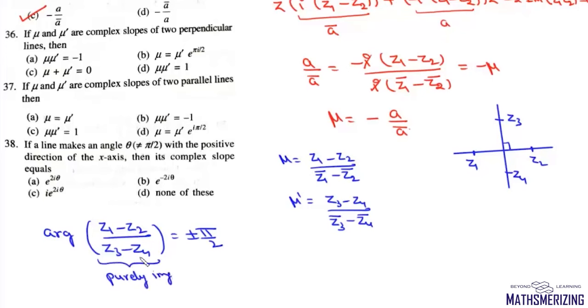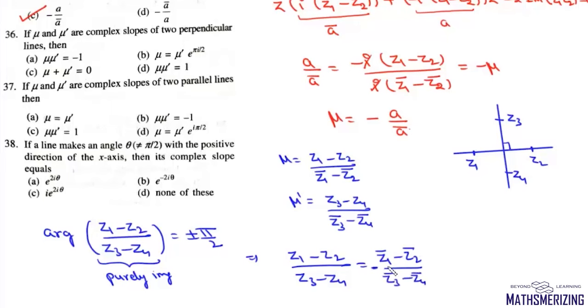And if the complex number is purely imaginary, then Z equals minus Z bar. So from here we can write Z1 minus Z2 upon Z3 minus Z4 will be Z1 bar minus Z2 bar upon Z3 bar minus Z4 bar, and this minus sign.